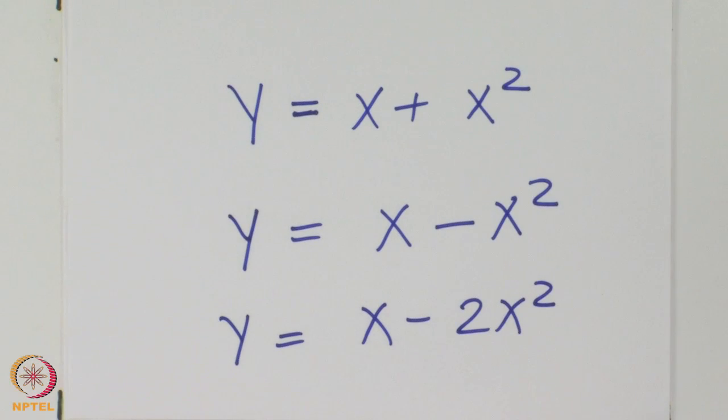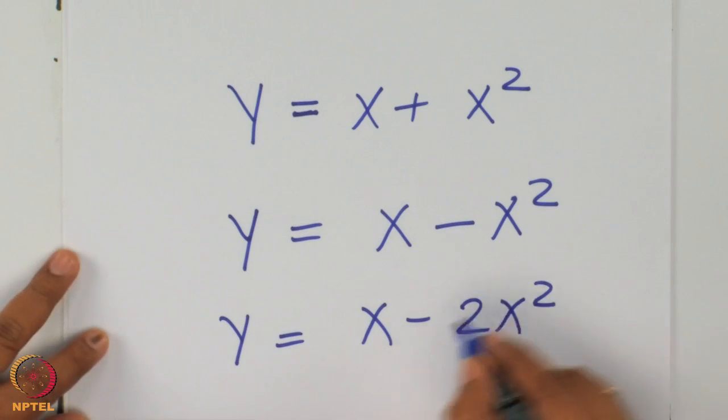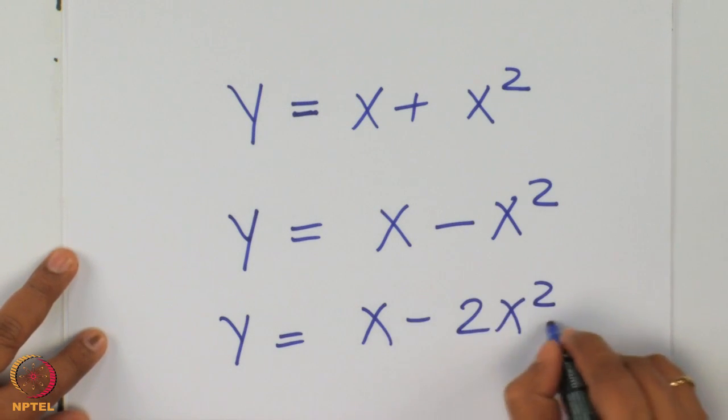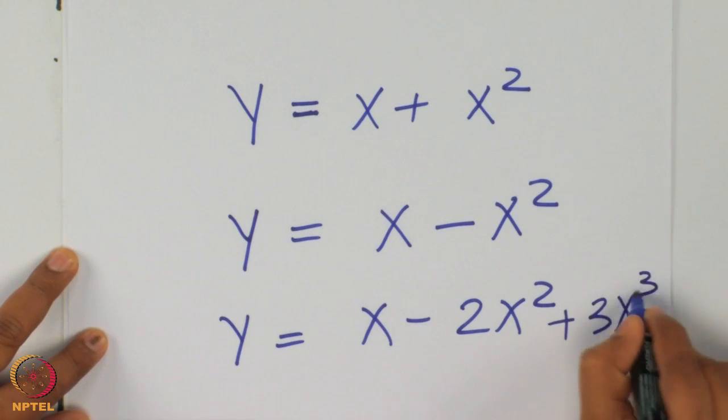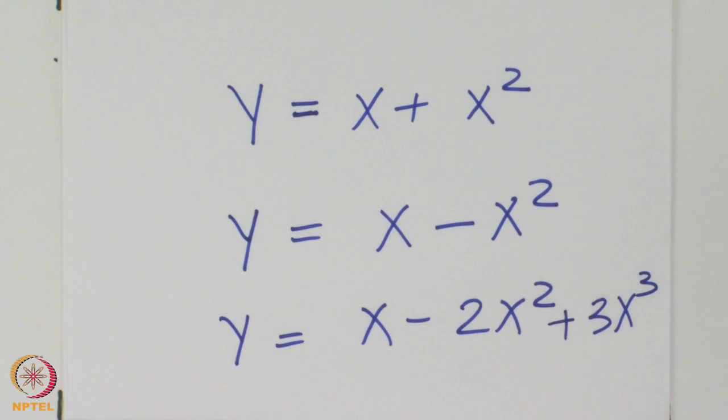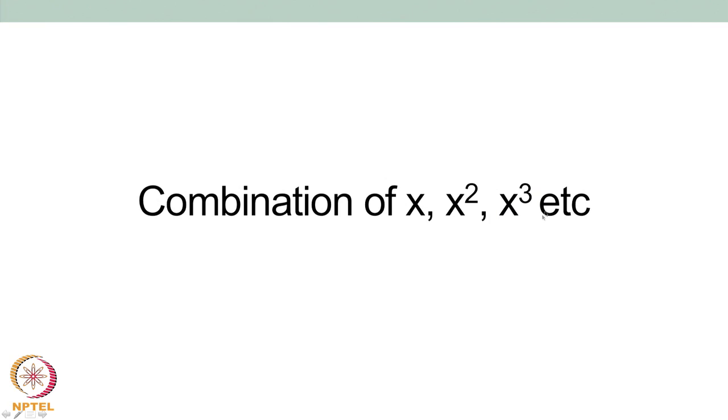Various functions one can think of which are combinations of these things, or it could be y equal to x minus x squared plus 3x cubed. So one can think of combinations of x, x squared, x cubed, etc. This is what we will explore next.